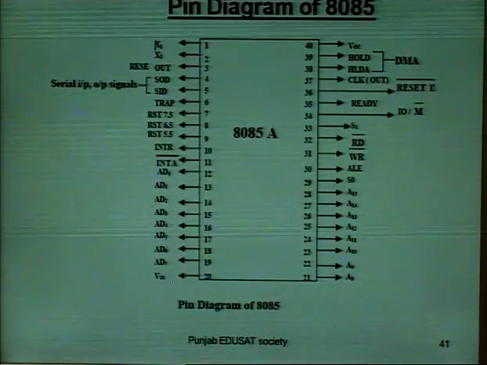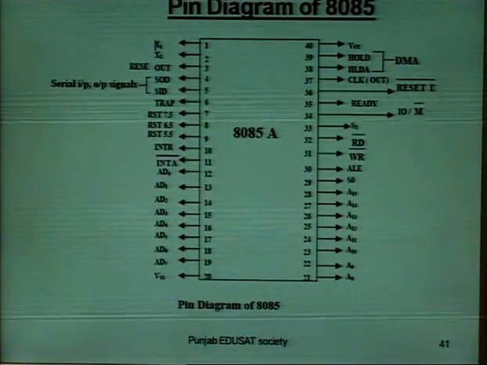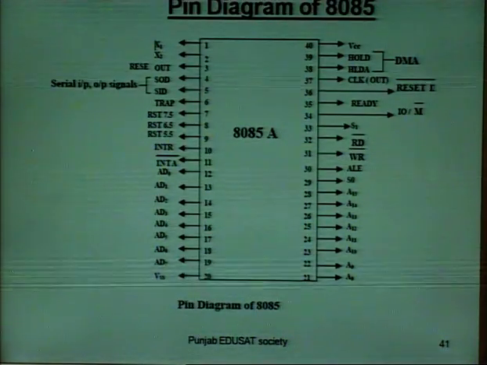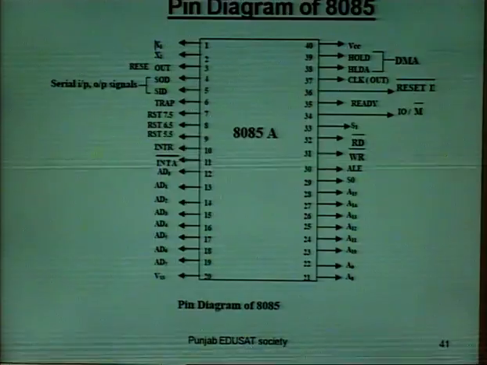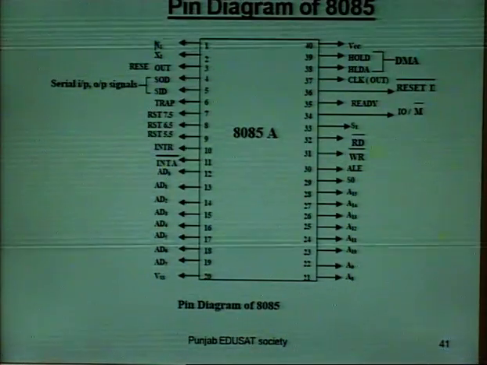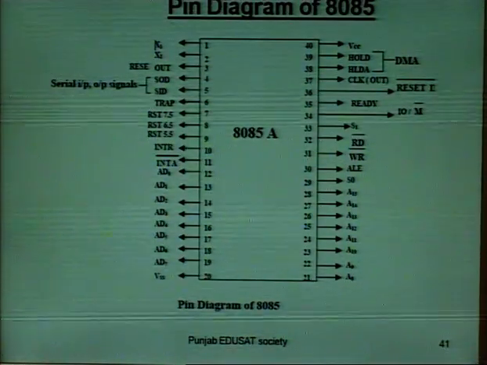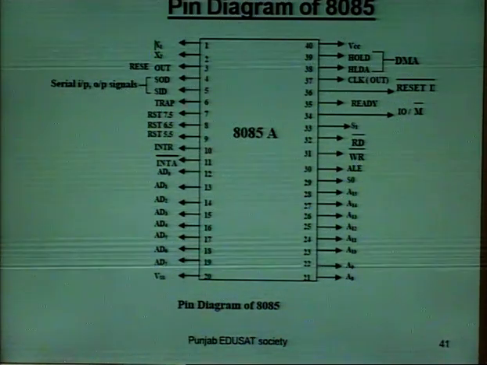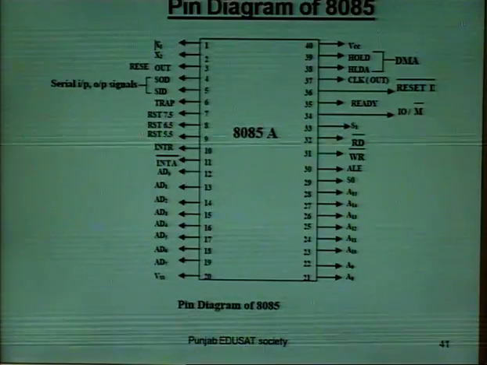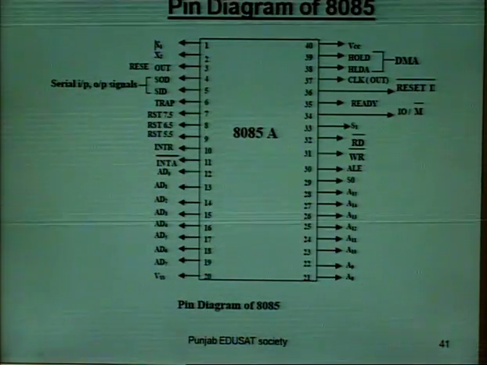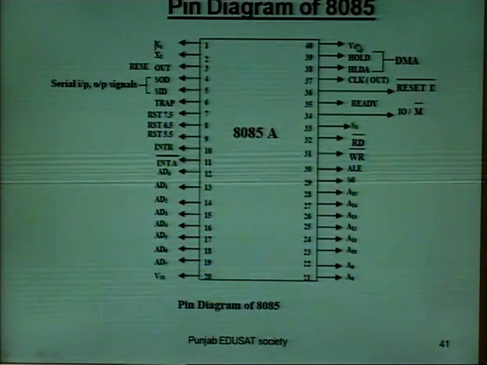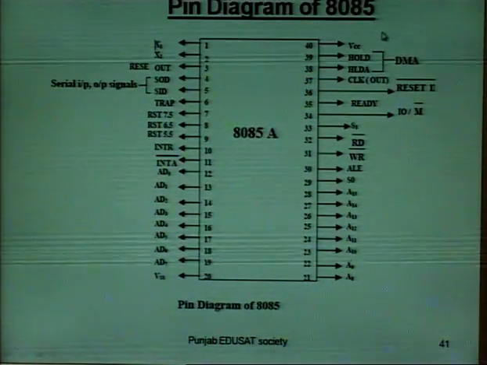The signal at the HOLD pin indicates that another device is requesting the use of the address and data bus. After reception of the HOLD signal, the microprocessor completes the current execution and then transfers the bus control to the other device by sending the HOLD acknowledge signal. Then VCC, here we connect the positive 5 volt supply.